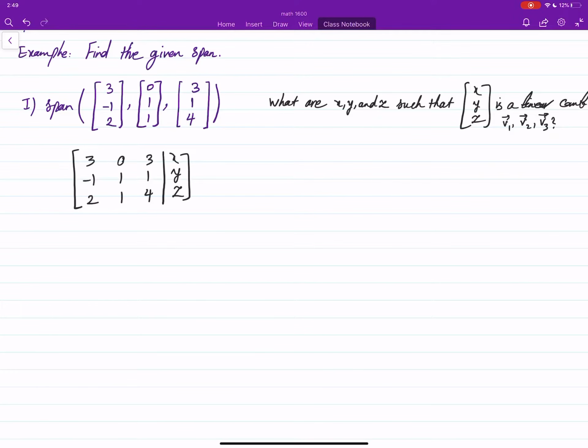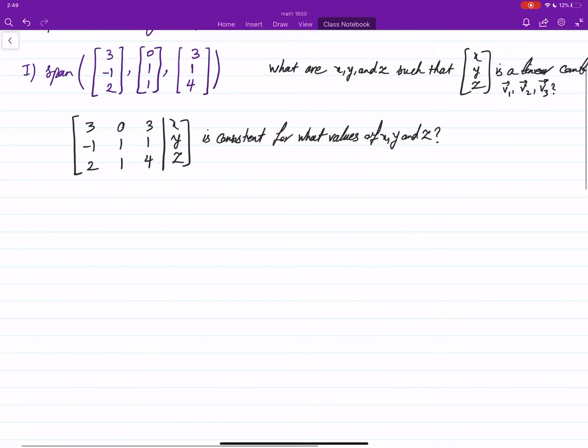So we have to see for what values of x, y, z this is consistent. In other words, solve this equation.